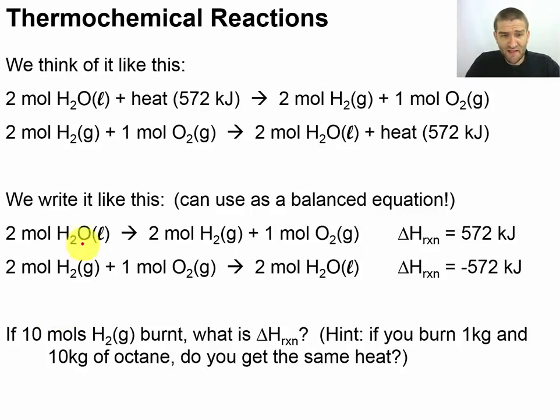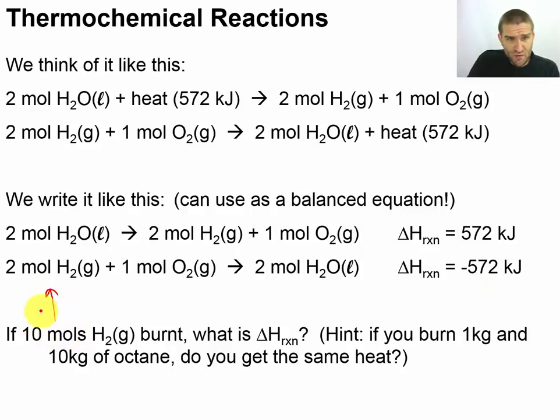Okay, now if I take 10 moles of hydrogen gas, I'm going to convert it into water here. I'll assume that oxygen is my excess reagent. Now from that, I'm going to be making heat energy as a product, or I can just think of it as, I'm running the reaction in this direction, this is what I'm giving off. Notice the minus sign tells me it's being given off.